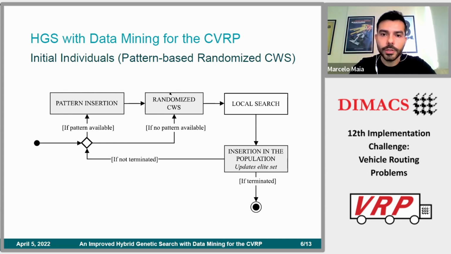Then we run a randomized version of the well-known Clarke and Wright savings algorithm, which is followed by a local search, which is the original HGS local search, and the individual is inserted in the population. And this process is repeated until we reach the desired number of individuals.